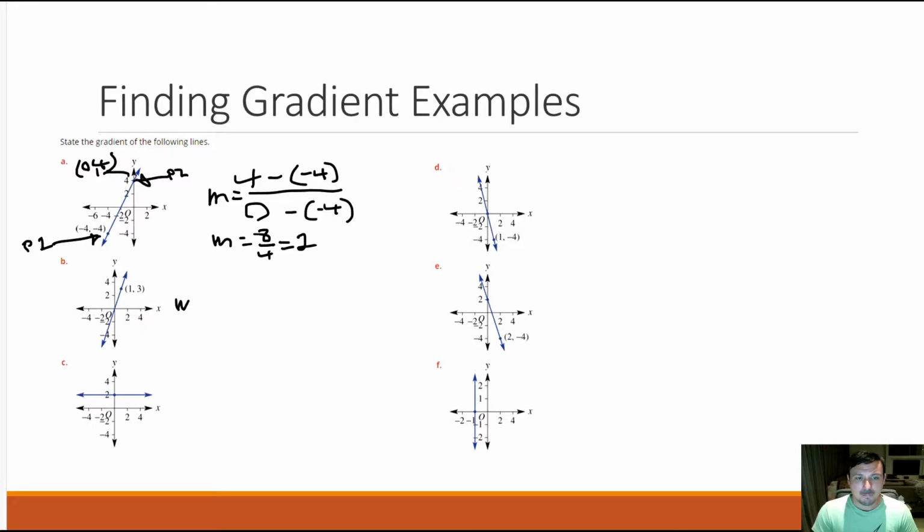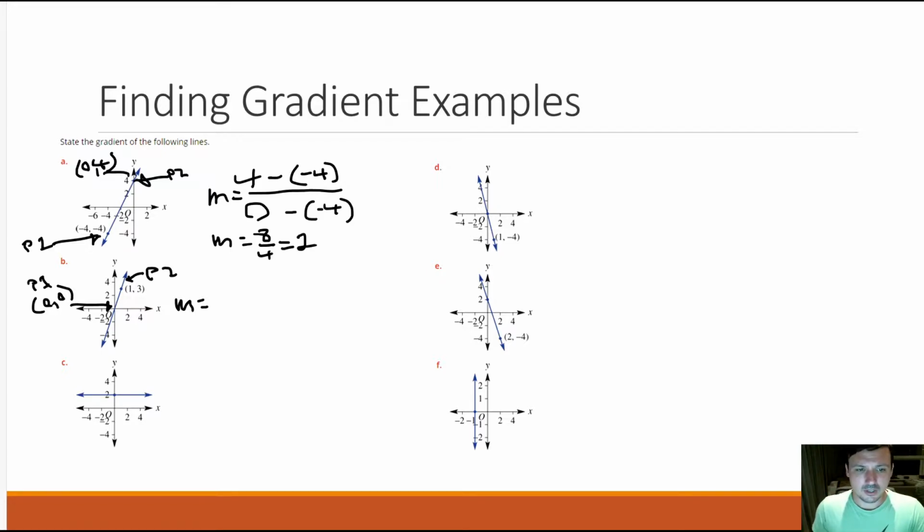Second one, we have m equals y2 minus y1. I always try to use the left point as the first point and the right one as the second point. In this case, we've got our origin here, so the point 0, 0 is going to be our first point. So we're going to call this point 1, and we're going to call this point 2.